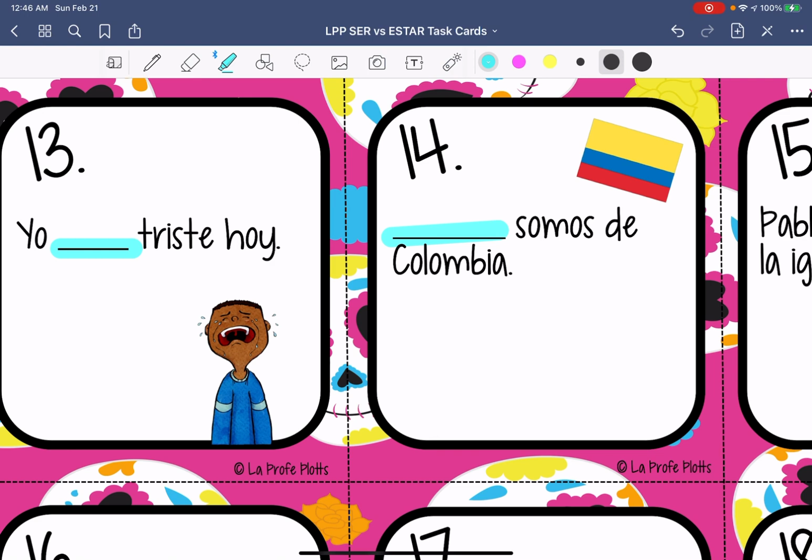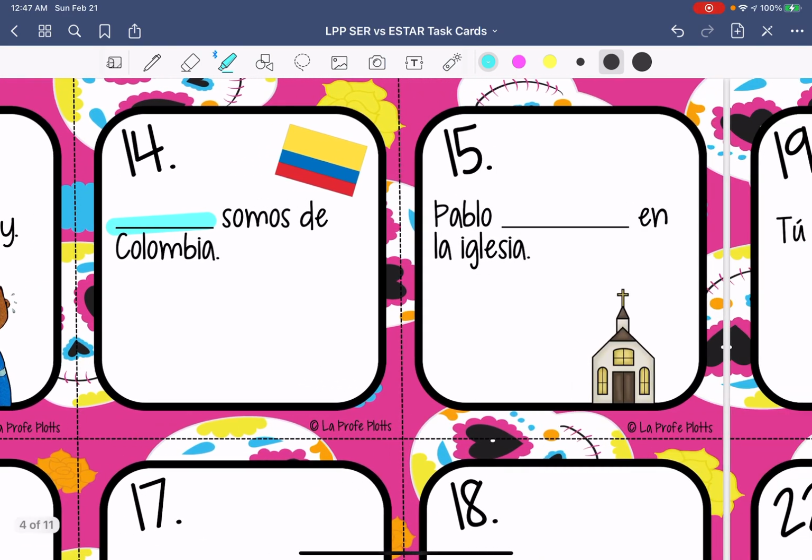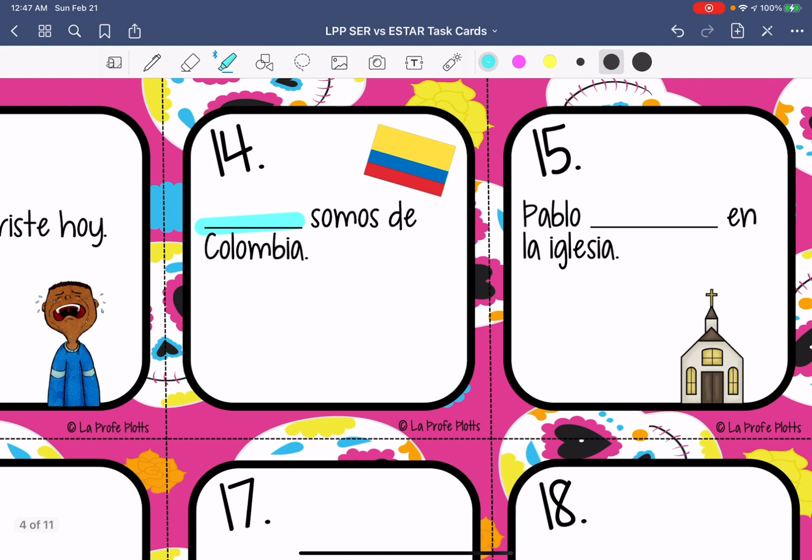What's missing in this sentence? Remember, always assume that the subject pronoun is masculine unless I state otherwise. Okay? Quince. 15. Pablo blank en la iglesia.